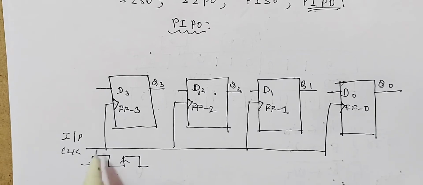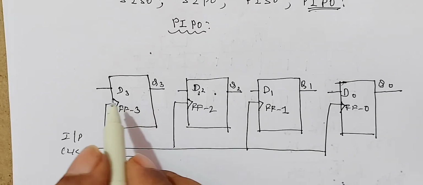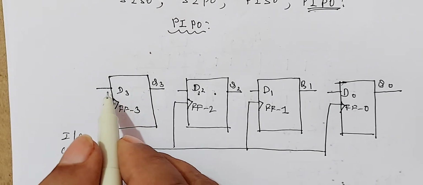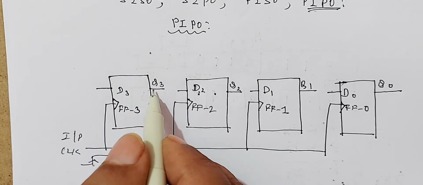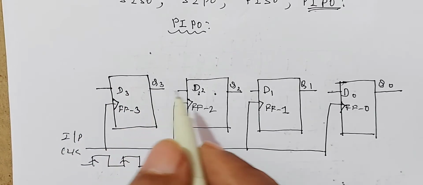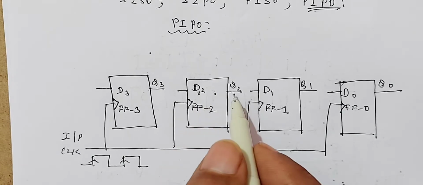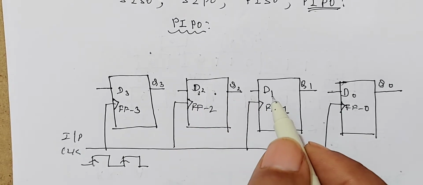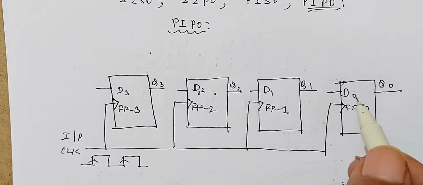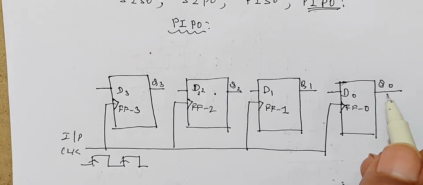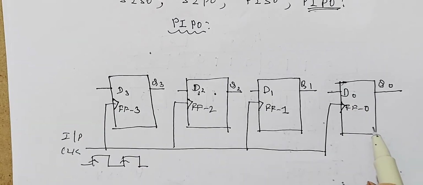So when this rising edge enters, whatever the value at D3 is shifted to Q3, the value at D2 is shifted to Q2, the value at D1 is shifted to Q1, and the value at D0 is shifted to Q0 when the clock pulse enters.